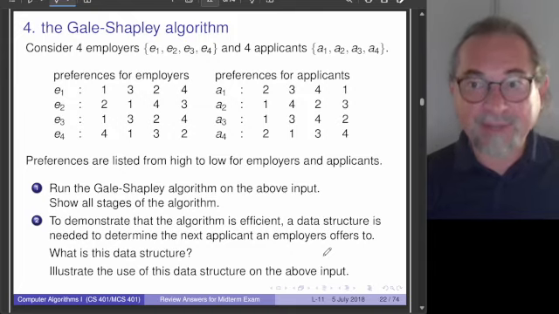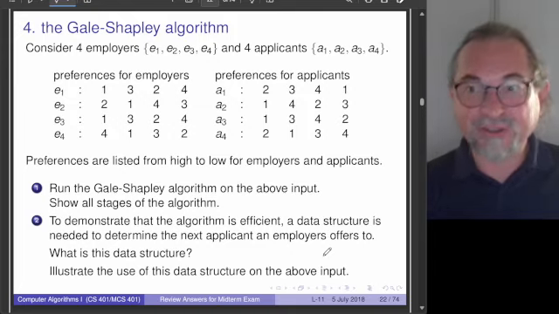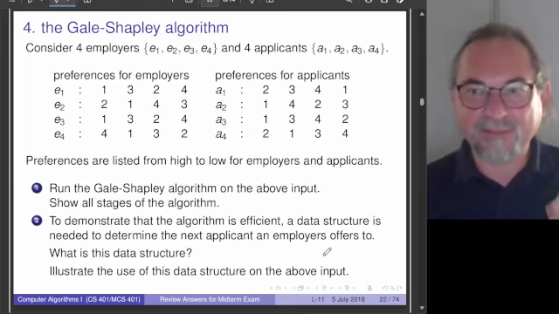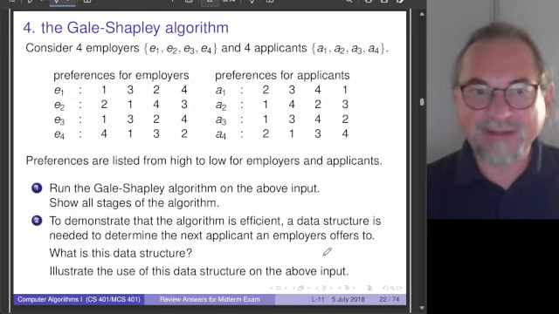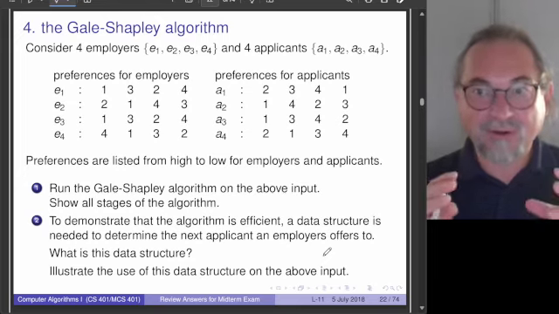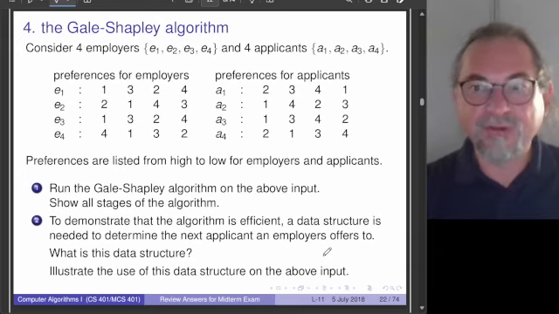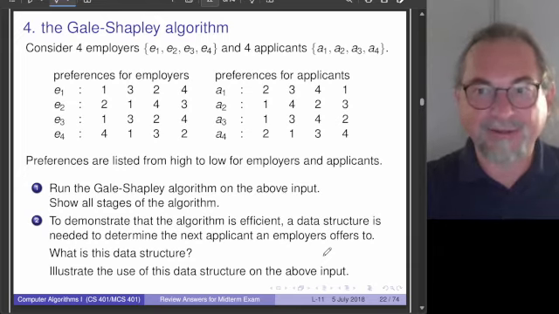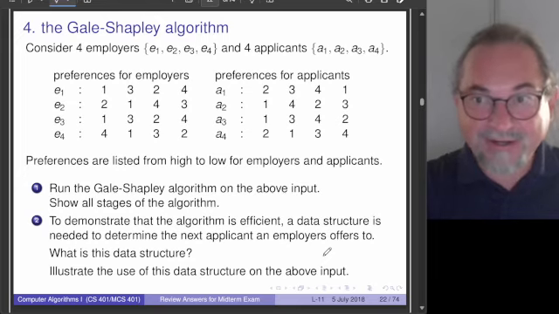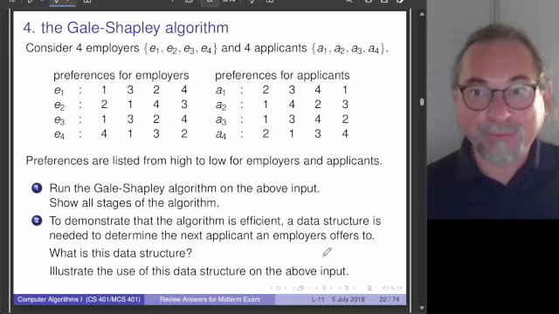So the Gale-Shapley algorithm is a very efficient and very simple algorithm, but its importance lies mainly in the proof that if you do very little computations, you have a correct answer, a unique answer, and an optimal answer.